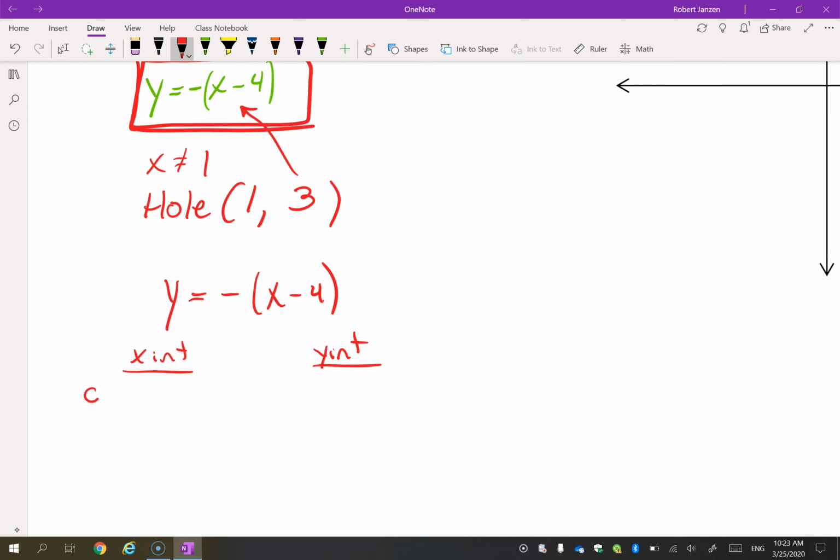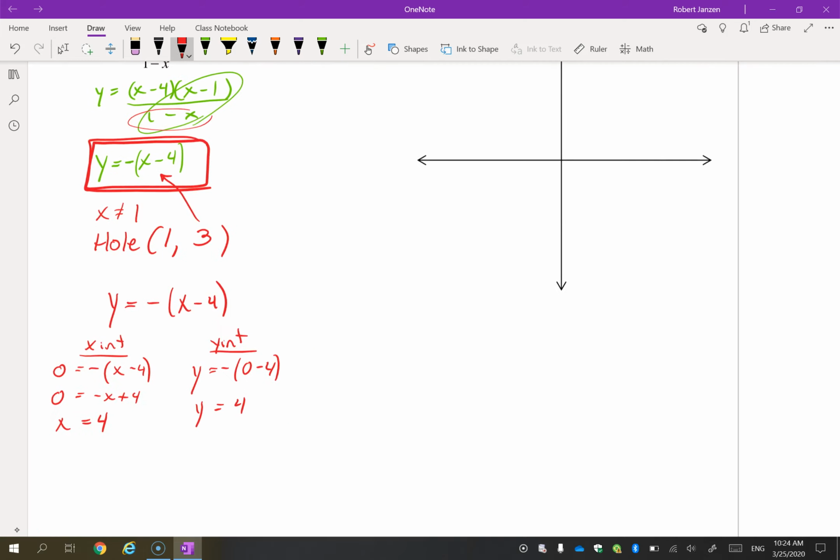What is the x-intercept? Oops, that shouldn't be a 0. Negative x plus 4, so 0 is negative x plus 4, so x is 4. What's the y-intercept? Looks like the y-intercept is 4.